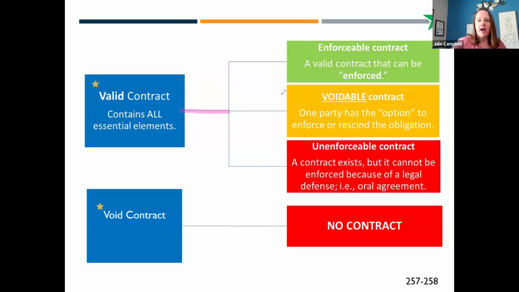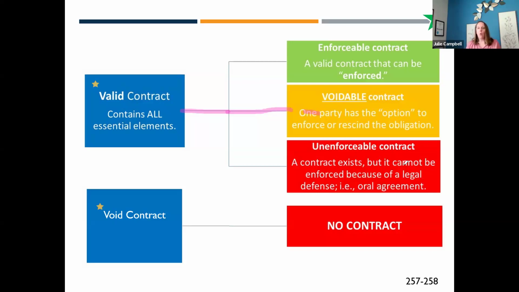A valid contract could become voidable by one of the parties. That's important. One party has the option to take this valid contract to a judge and say, I shouldn't be required to fulfill the terms of this contract. We're going to talk about some examples of who that one person may be. Bear with me.